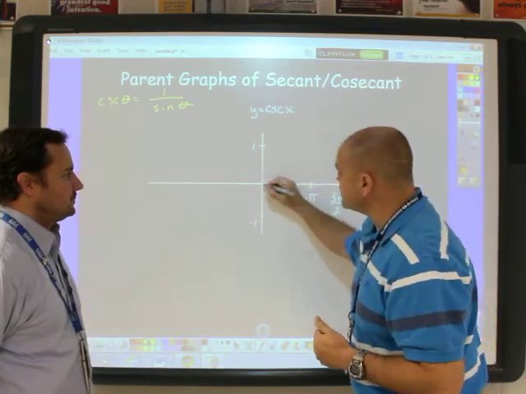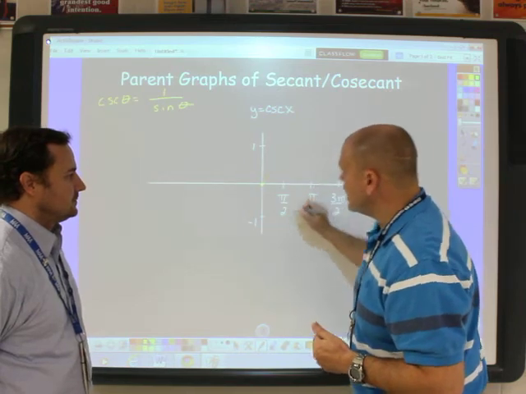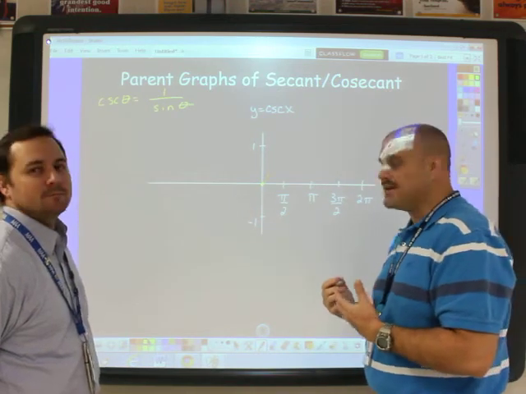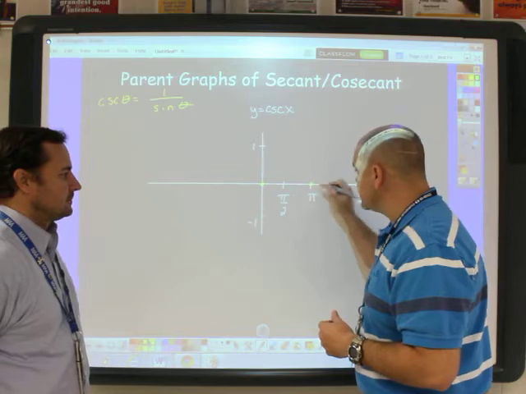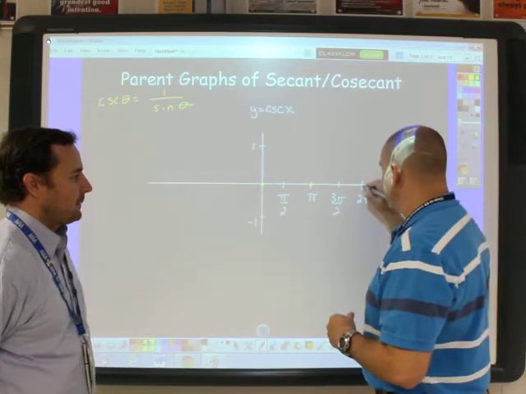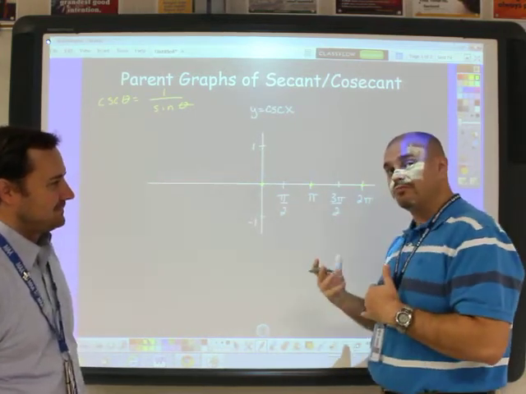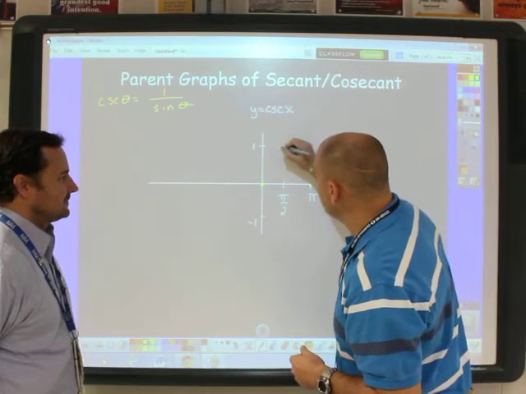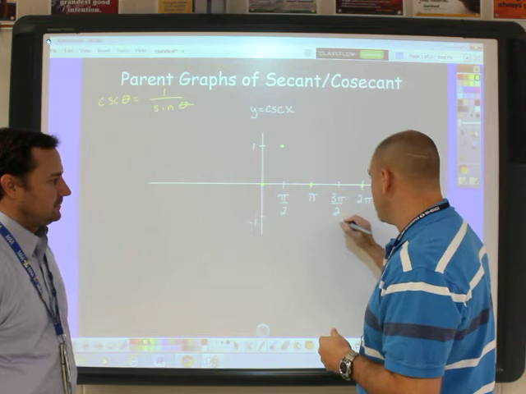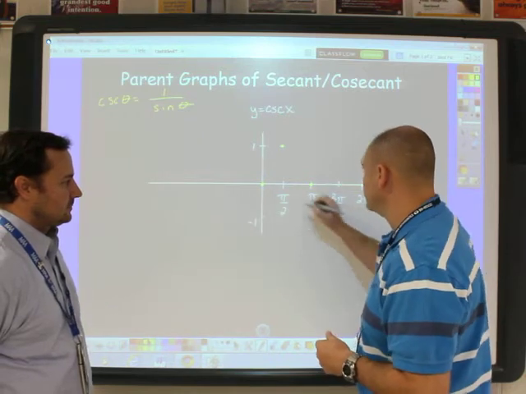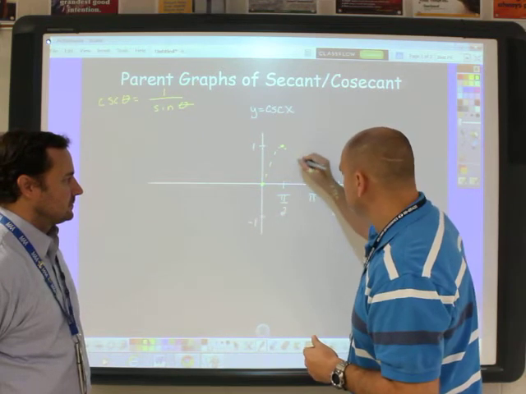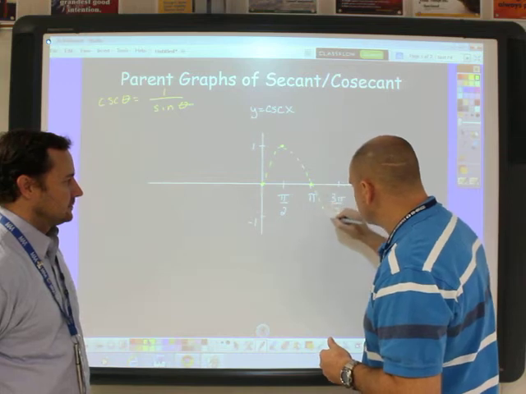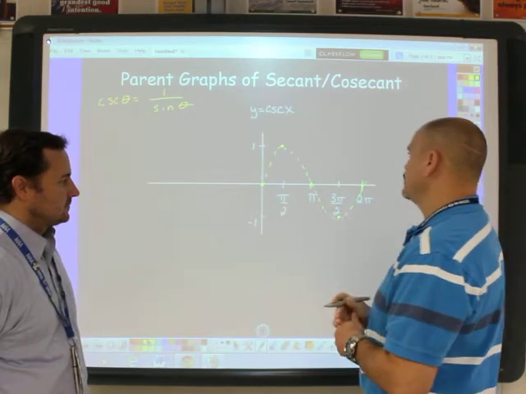Now remember, sine at the origin is 0, a midline intercept. At pi it's 0, a midline intercept, and at 2 pi it's 0, a midline intercept. Then we had a max at pi over 2 and a min at 3 pi over 2. So I'm going to draw this roughly like that.